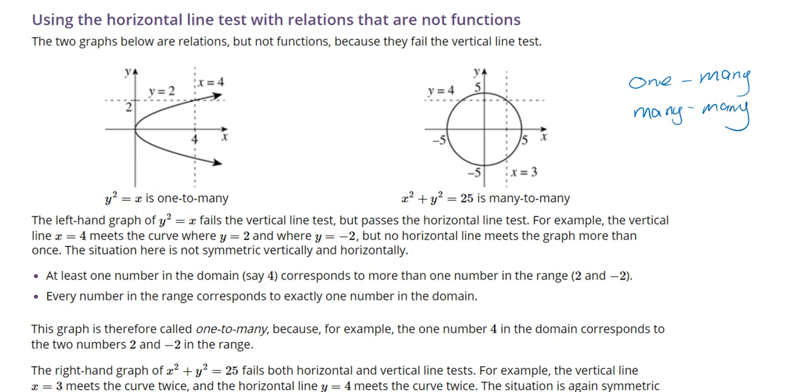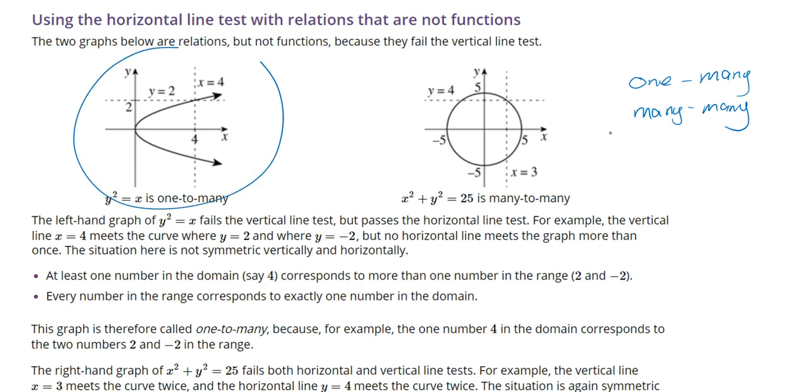If it's failed the vertical line test, it's not a function, so it has to be one to many, which is saying one value of x corresponds to many values of y, or many to many, where one value of x corresponds to many values of y, and many values of y correspond to one value of x. It's many, many. There are multiple on both sides.